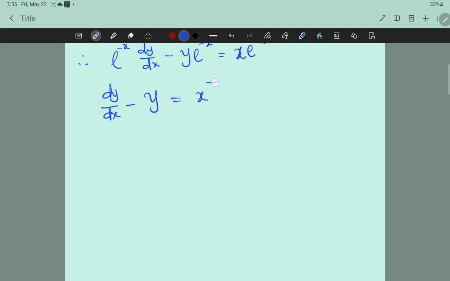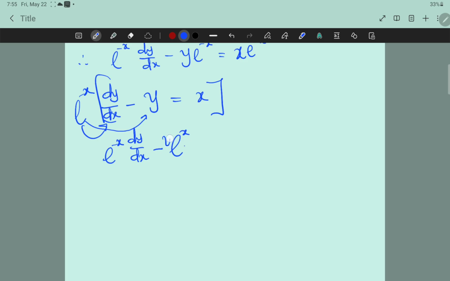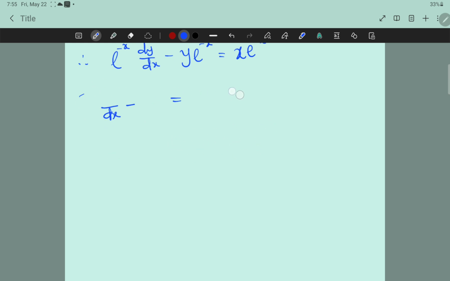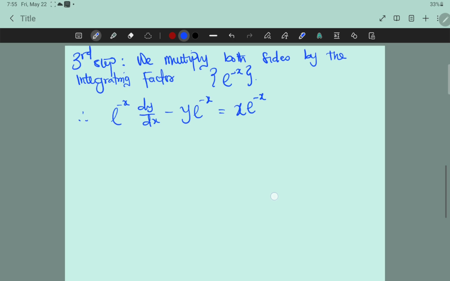And so when I say multiply by the integrating factor, it means do this. You have e to the power of minus x, dy/dx, minus, you multiply again by this, e to the power of minus x, y is equal to x e to the power of minus x. You are multiplying out, just like opening brackets. Is that okay?